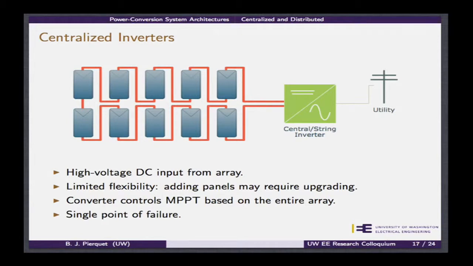The other issue, single point of failure. This is actually a really big deal in large systems because these string inverters, while relatively reliable, they do fail, and they're horrifically expensive. And so most places are not going to have an extra one just sitting next to it on the pad for when the first one fails. So then you essentially have an array. The whole array goes down. So if you're at a megawatt size, your megawatt size array goes down.